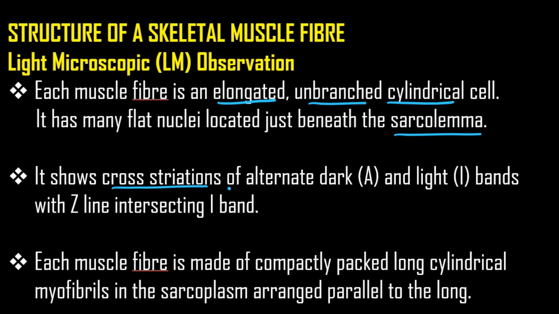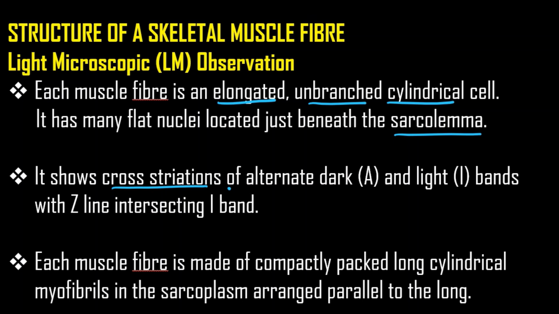It shows cross striations of alternate dark and light bands with Z lines intersecting the I bands. So between the I bands, you've got Z lines. And between the Z lines, that is the contractile unit of a muscle called a sarcomere, something that we're going to look at very soon.